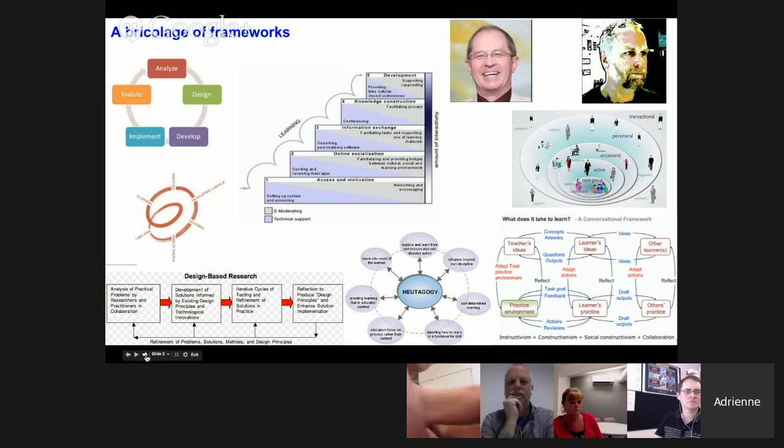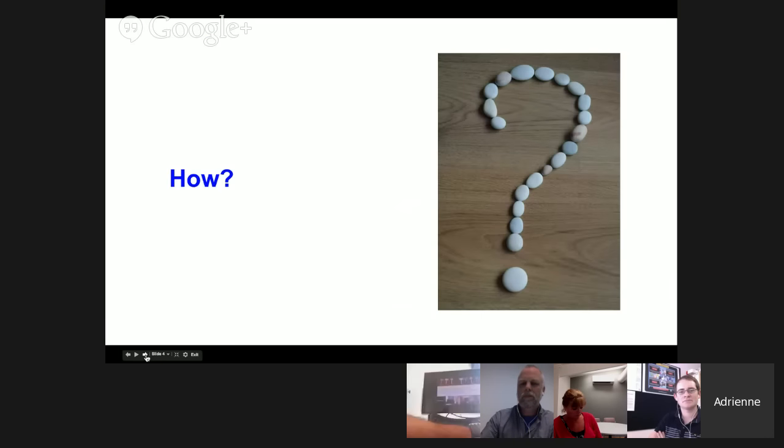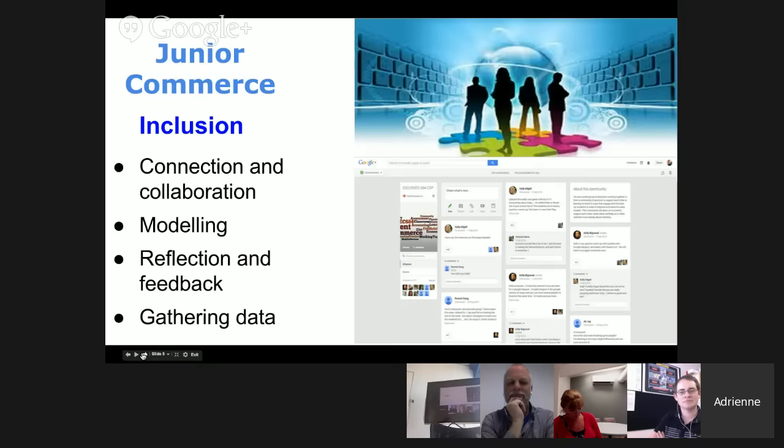And we are thinking that pedagogical practice is key to delivering innovation, inclusion and transformation. So the next thing we come to is, how do we do that? And luckily we've got some experts here on that subject. And the first person that I'm going to hand over to is Kelly Bigwood.